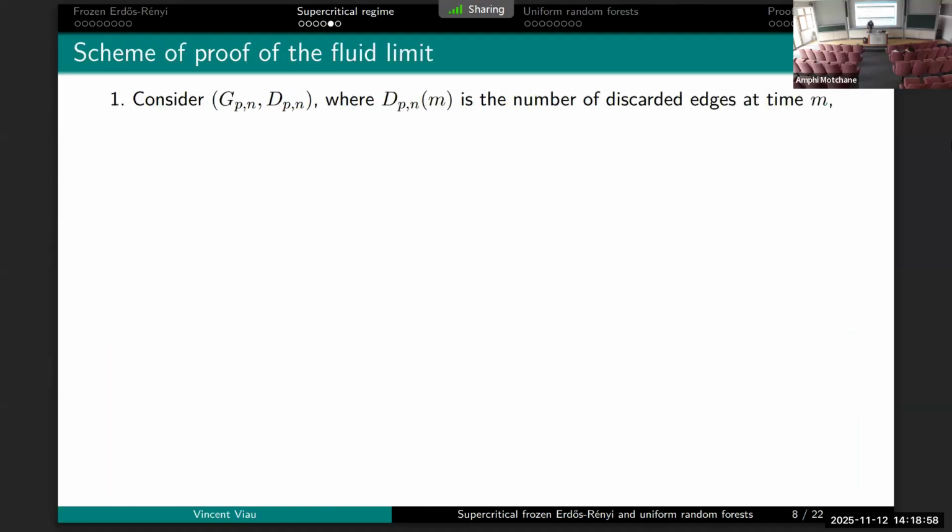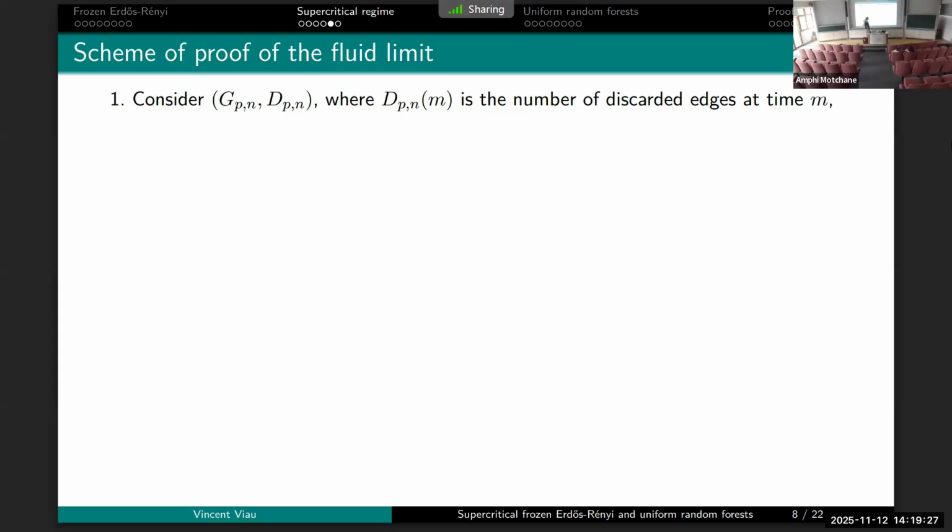Okay, so how can we try to prove the fluid limit result for the quantity Gn? Actually, the first trick is to consider not only the number of frozen vertices, but the couple Gn, Dn, where D represents the number of discarded edges. Remember there are some edges that are discarded, and we can just count them.